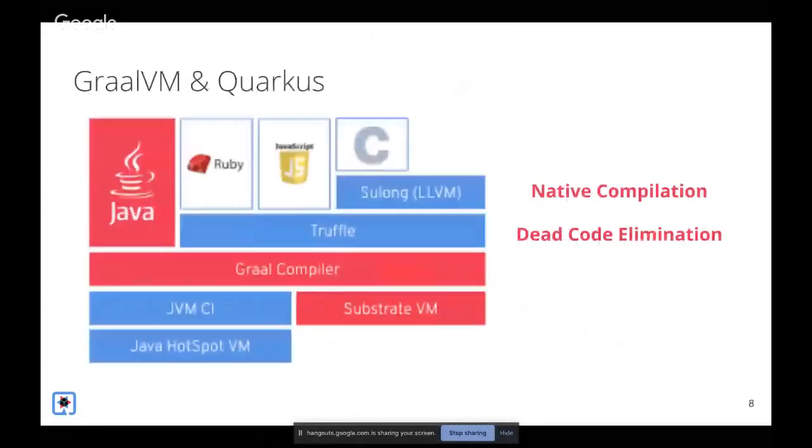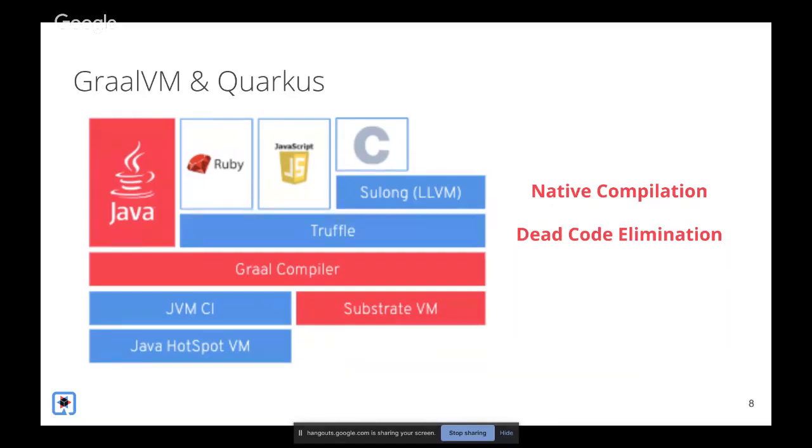Now, if I do want to compile down to a binary, we utilize GraalVM to do that. GraalVM is a pretty awesome project for running highly efficient Java code or even dynamic languages that run on top of the JVM.